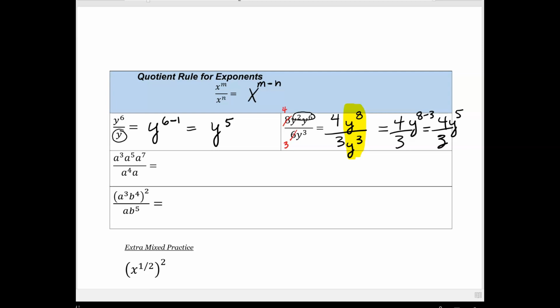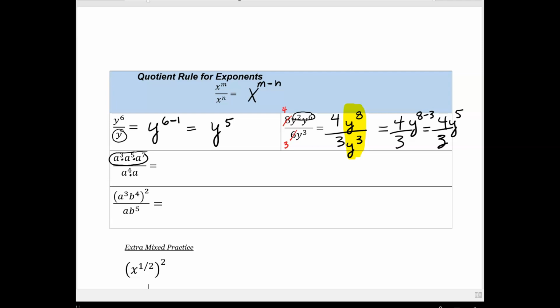Next, notice we have the same base in the numerator. So let's go ahead and combine this, since this is multiplication. And I like putting little dots between this, although the book does not put dots to indicate multiplication. They just write the variables and exponents right next to each other. As long as you understand that even without the dot, it's considered to be multiplication, you should be okay.